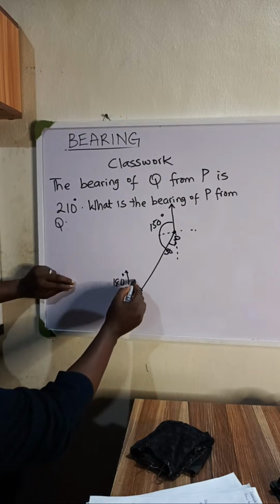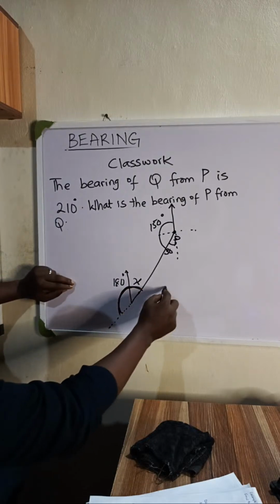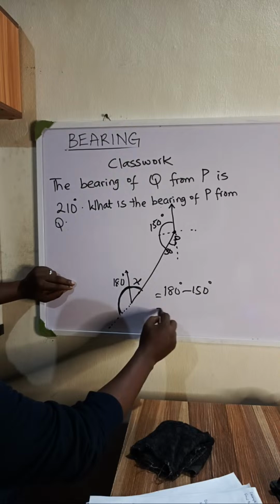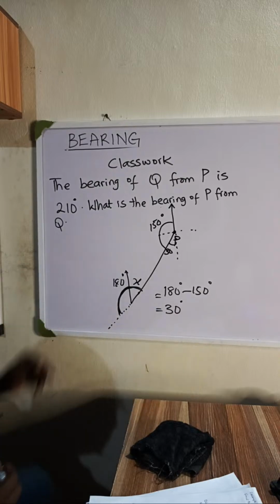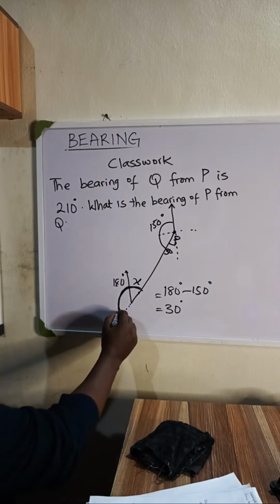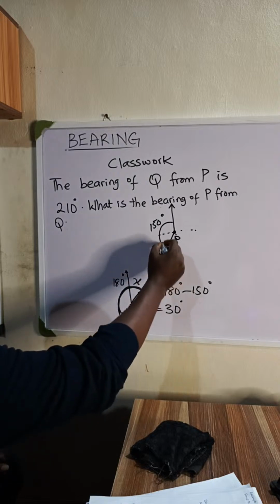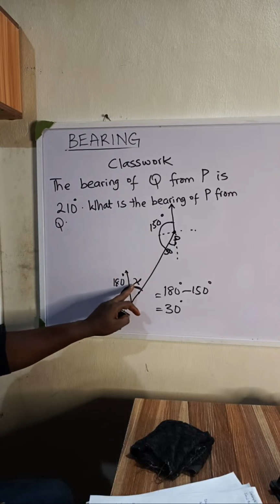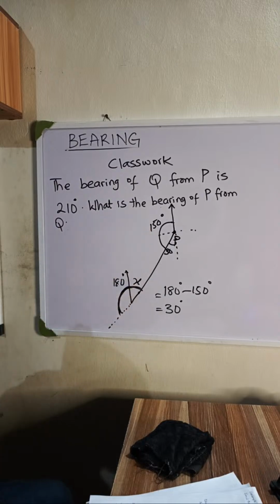So if you want to get this x, which is the bearing, you can do 180 degrees minus 150 degrees, and that will also give you 30 degrees. This entire stretch is 180, but from here to here is 150. If you subtract, you get this extra space here, which is 30 degrees. So it depends on the one that feels easier for you. You can use any one.